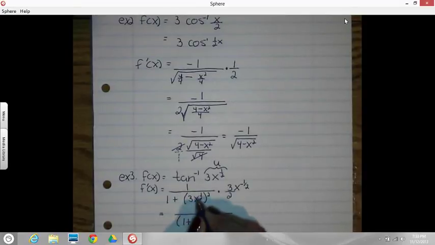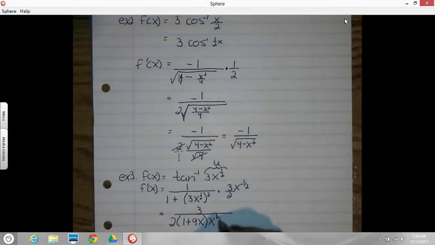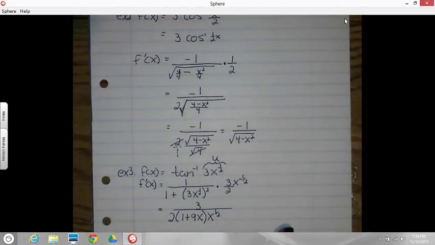And to square the x to the 1/2, we multiply exponents. So that will become x to the first. In the denominator, the 2 is in the denominator. Usually write that at the front. And then the x to the negative 1/2, that was up in the top, I'm going to kick down and make x to the 1/2. And that's it. As far as that goes.